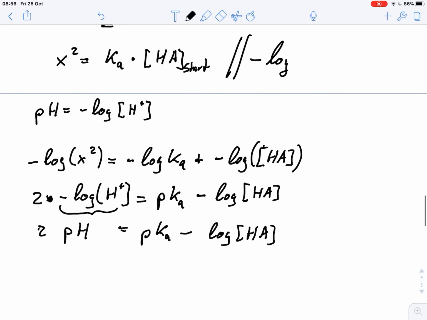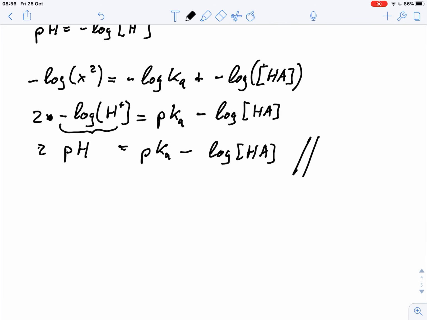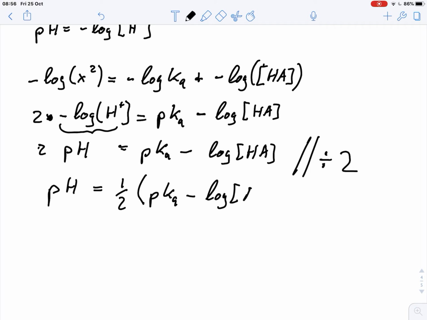Or we can just simply say we divide both sides of the equation by 2. So we get pH equals 1/2 of pKa minus log of the acid concentration. And this time I write it out as acid. And that is our starting concentration of the acid.